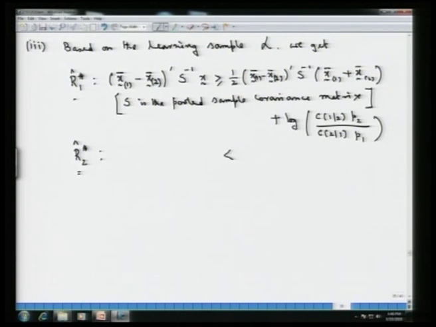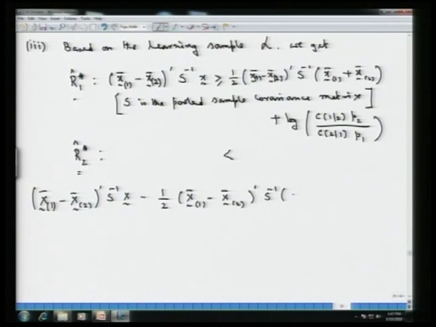Now, there is a special term that is usually used for the difference of this minus the first term on the right hand side, that is, x 1 bar minus x 2 bar transpose S inverse x minus half x 1 bar minus x 2 bar transpose S inverse x 1 bar plus x 2 bar.